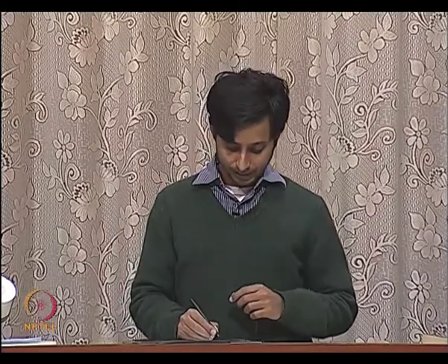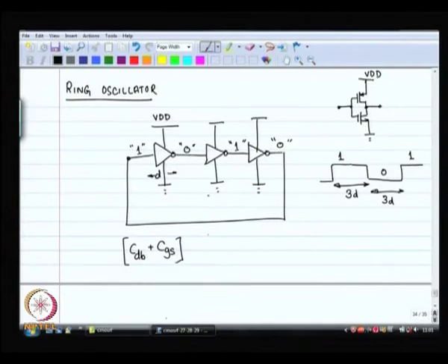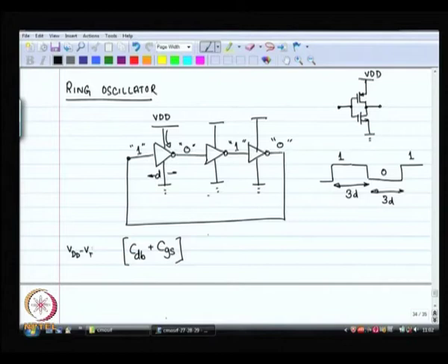Now, if you think about it, each inverter is seeing this load capacitance and the amount of current it is drawing from the power supply, the amount of current is proportional to VGS, VGS minus VT the whole squared. Something of this magnitude.